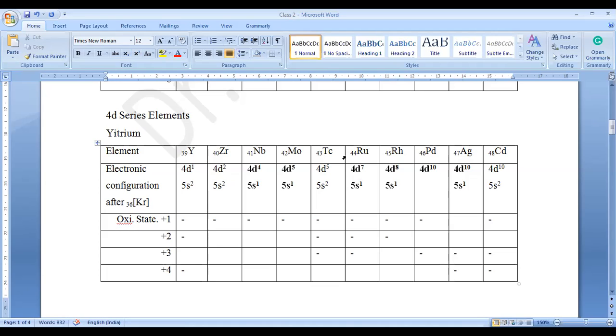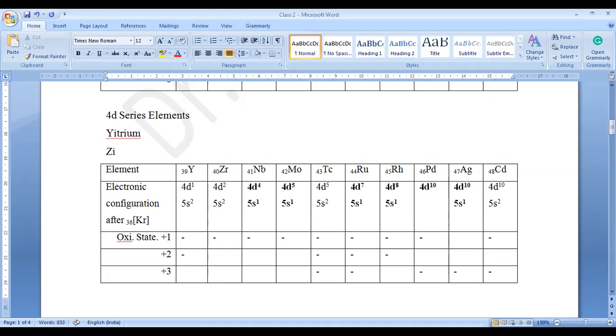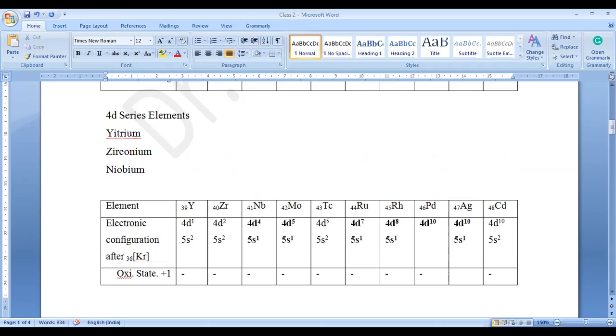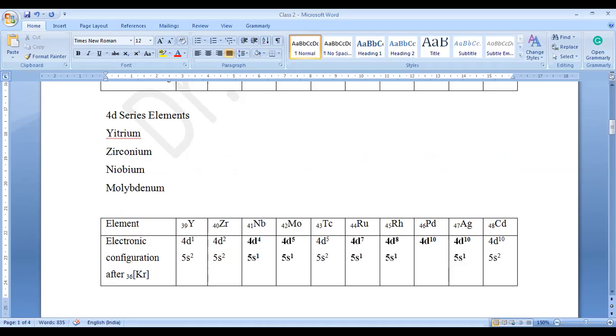The names are yttrium, and next one, that is zirconium. Third one, that is niobium, then molybdenum, then next after molybdenum it is technetium.